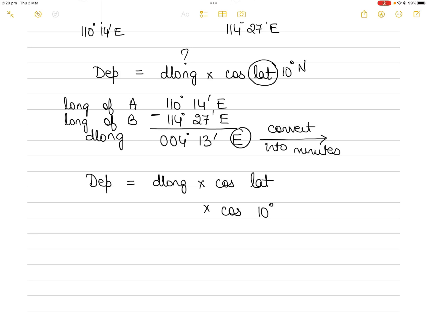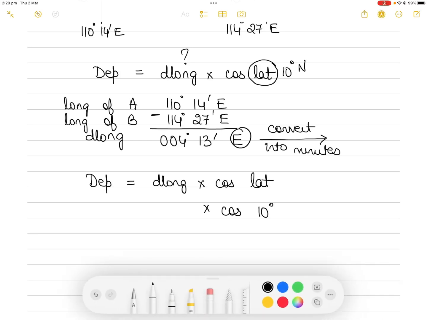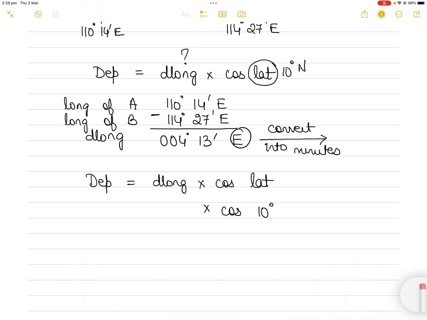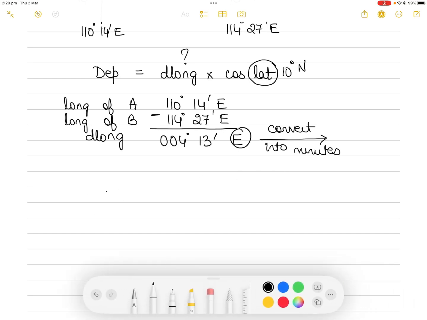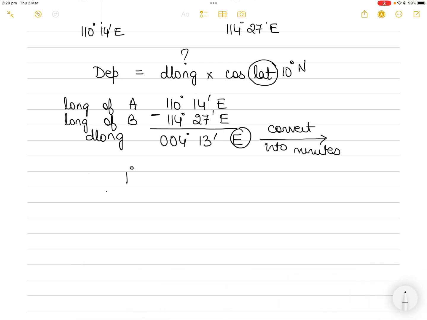So how can you convert into minutes? It's very simple. You know that 1 degree equals 60 minutes. So how much will be 4 degrees? And then add the remaining minutes to it. So if it is 4 degrees, 4 times 60 is 240 minutes.